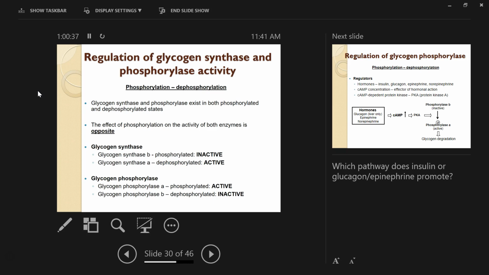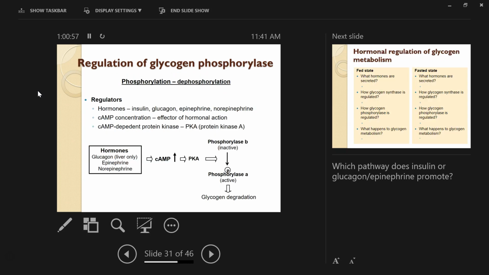Glycogen phosphorylase is like most enzymes: when phosphorylated it is activated, and when dephosphorylated it is inactive. It's just general information. You don't have to remember the details, and this just adds more layers of regulation.